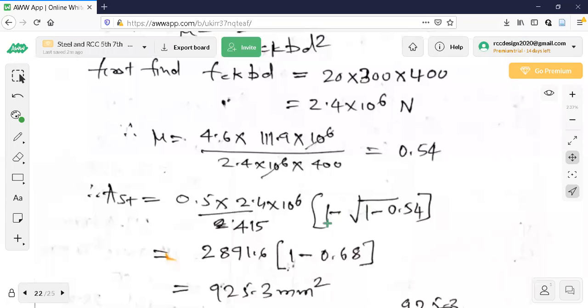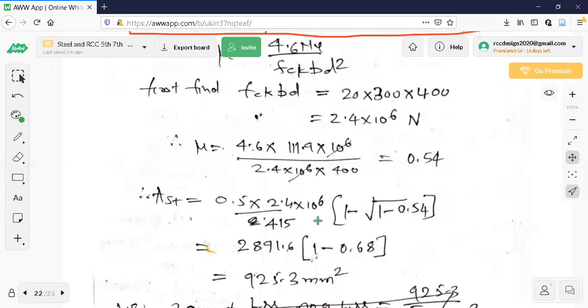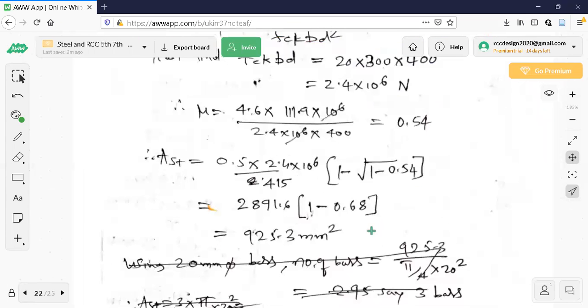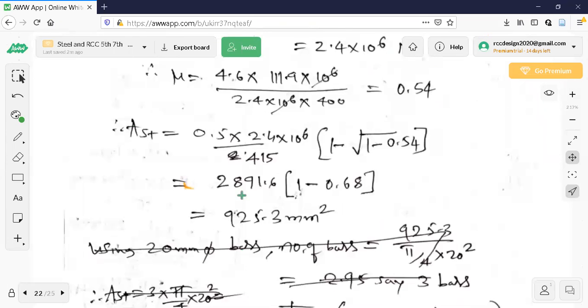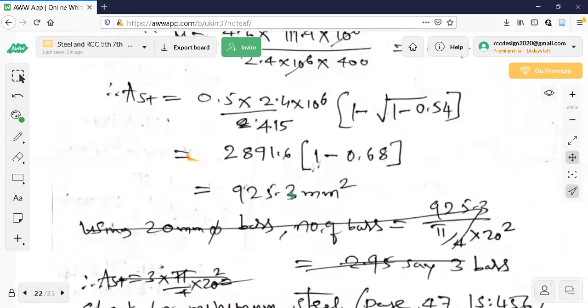What I have done here is AST equal to 0.5 into 2.4 into 10 raised to 6 divided by 415 into bracket 1 minus square root of 1 minus 0.54. So finally, when you simplify this, you end up with AST as 925.3 mm square.